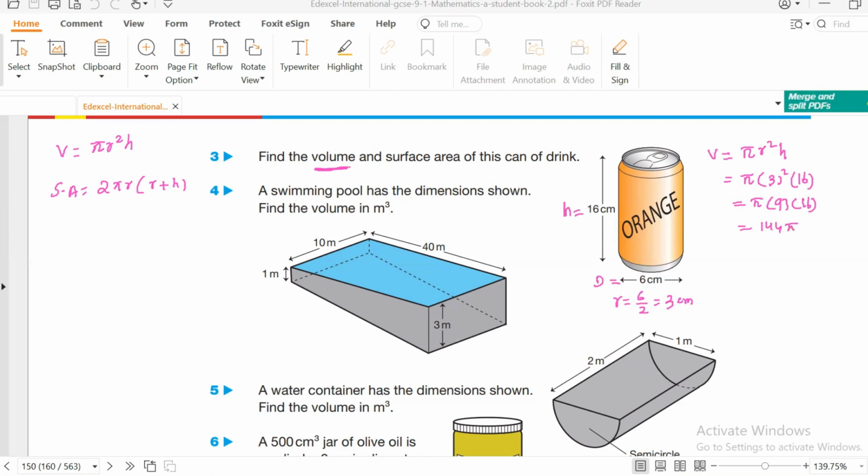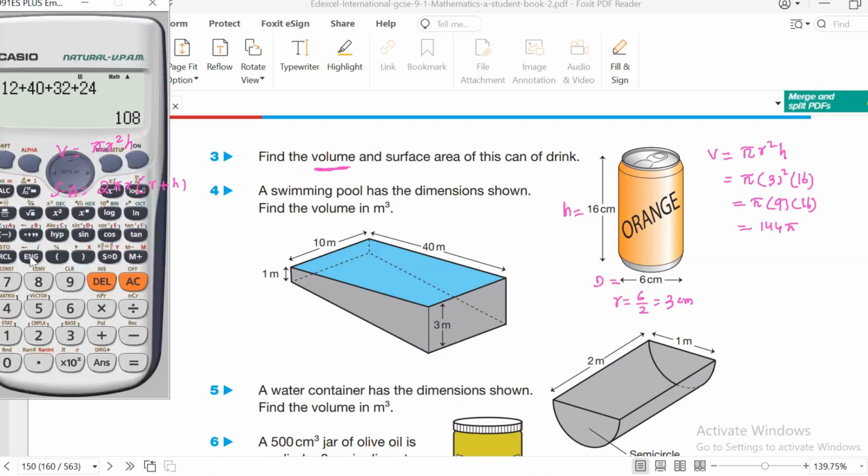You can check that in calculator as well. So here we have 144 shift pi, that gives us 452.38. So 452 to three significant figures. We can say 452, and it is centimeter cube.